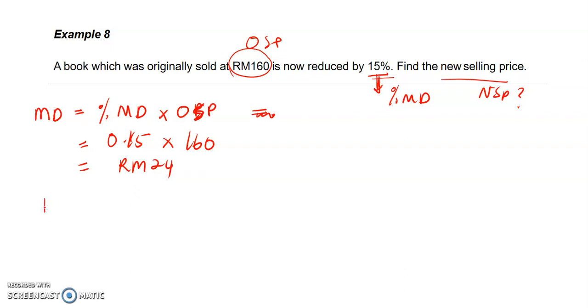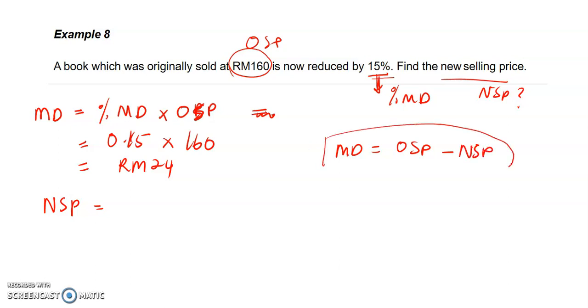Okay, to find the new selling price, because the MD formula is original selling price minus the new selling price, to find the new selling price, the formula is the original selling price minus the amount of markdown.